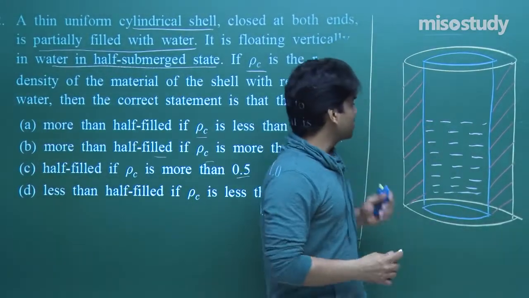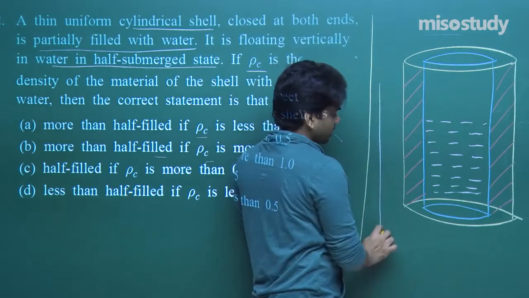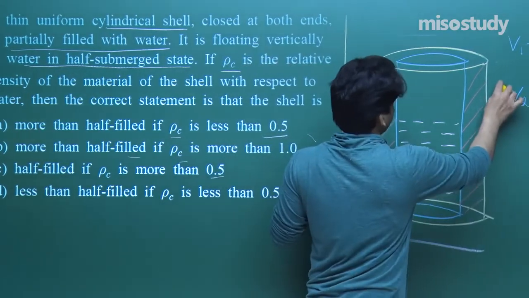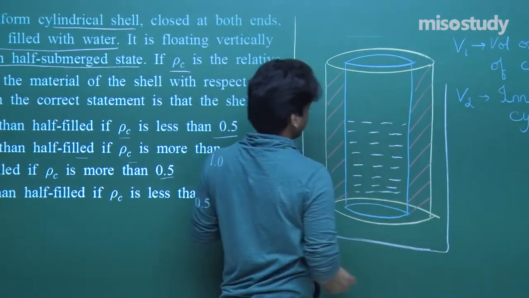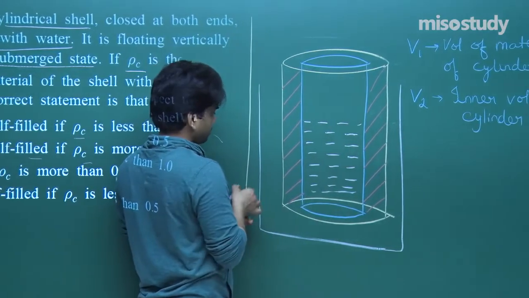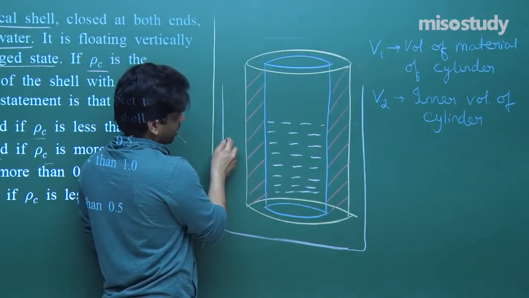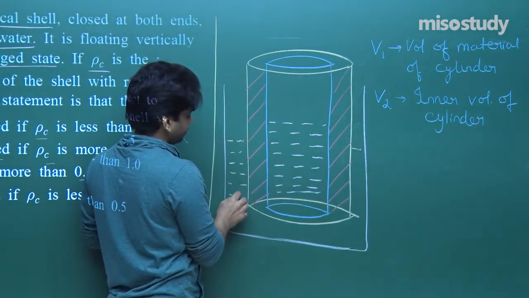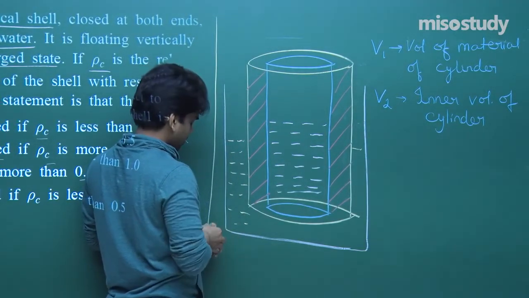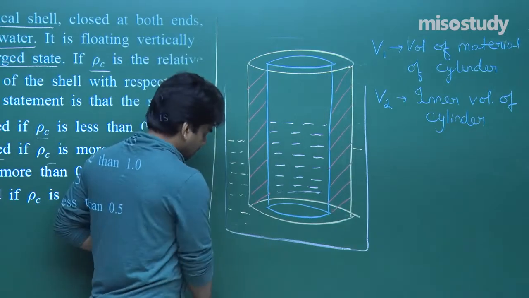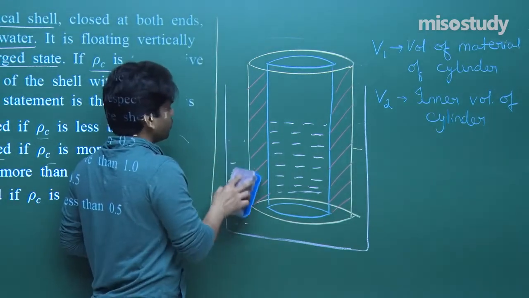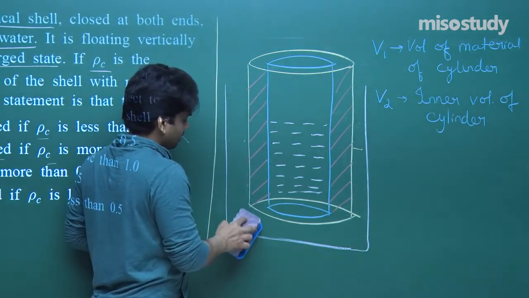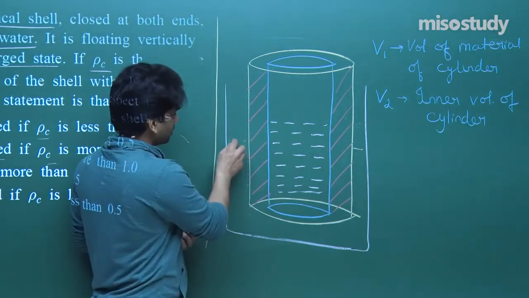So this entire system is floating in water in half submerged state. That means somewhere here you have to mark that it is half submerged. Don't get confused with colors. Let me show you with different colors. We have already used different colors here, so I'll use this color.